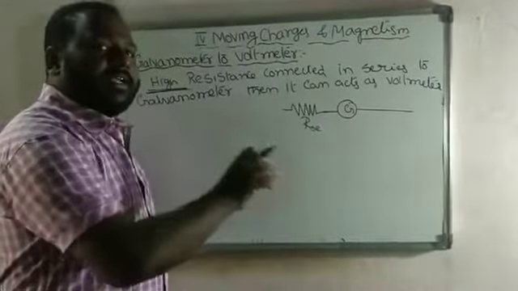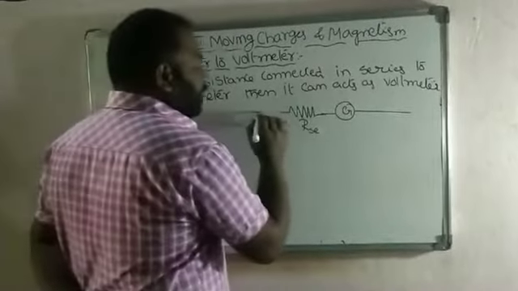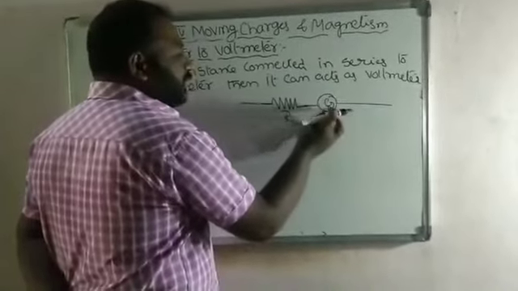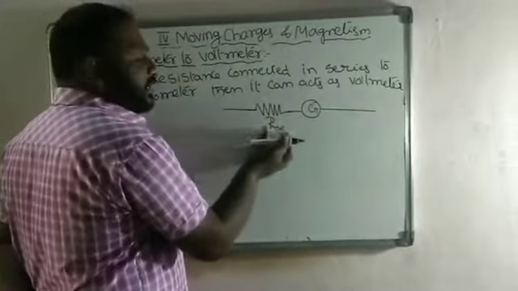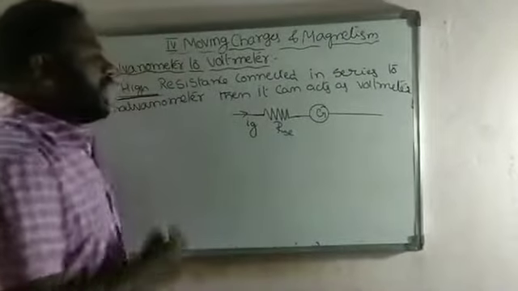In the ammeter we represent it with RSH, the shunt resistance. Both are connected in series, so the same current flowing through the galvanometer is flowing through this series element. So the current flowing through this combination is nothing but Ig.